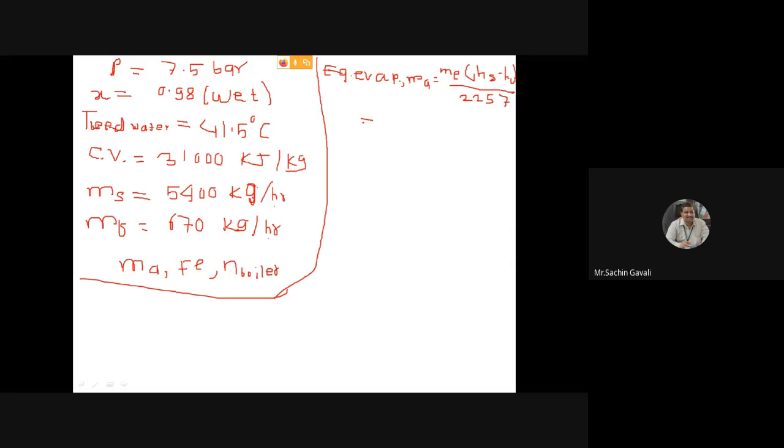Okay, is equal to. Now we have to calculate HS. Correct formula, equivalent evaporation ME is equal to MS into bracket HS minus HW divided by 2257.